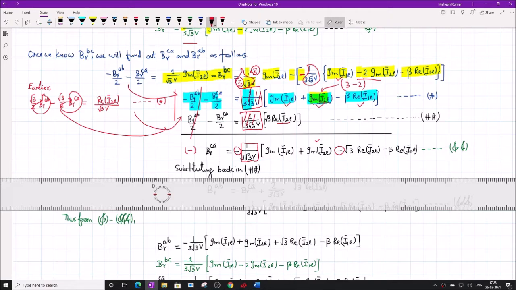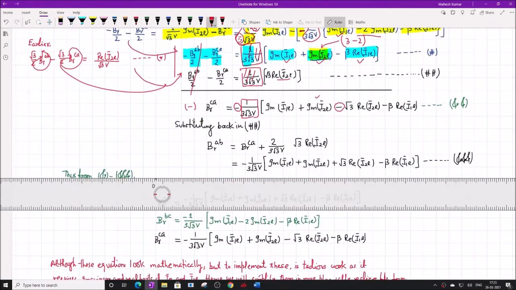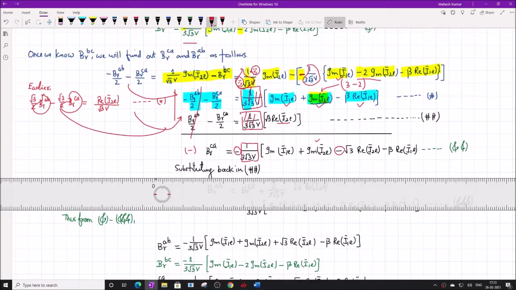Okay, so minus minus plus is fine, but this is here actually minus B gamma Ca. So B gamma Ca will be minus, but what about the right hand side? Right hand side is plus here, so this will be plus. So minus B gamma Ca will be equal to 1 by root 3.